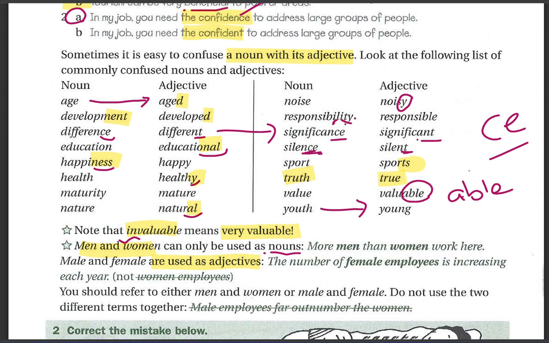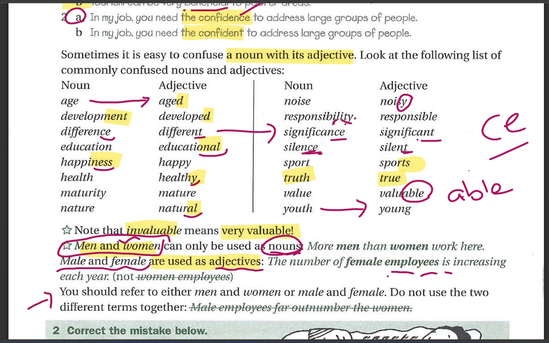So it's really important. Pay more attention to it when it comes to writing your IELTS essays. If you want to talk about them as adjectives, use male and female. But if it's just as a noun, use men or women. Look at the example. The number of female employees is increasing each year.